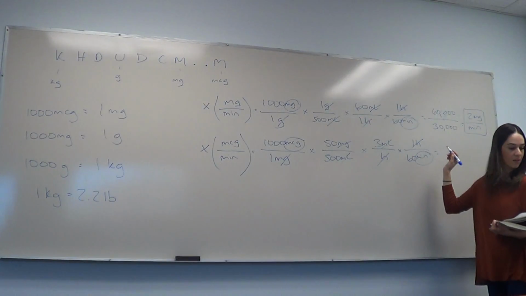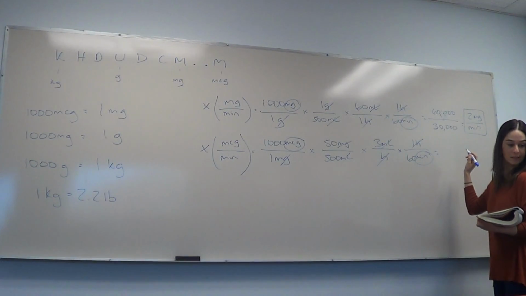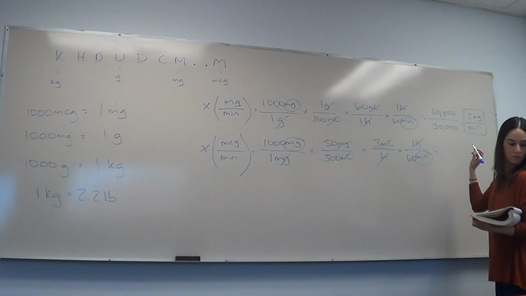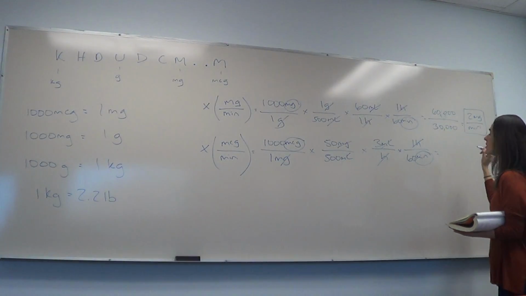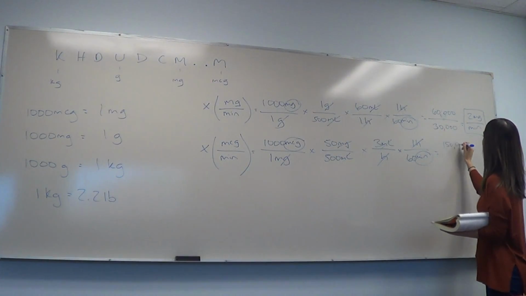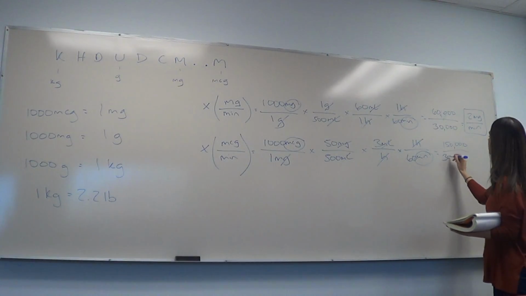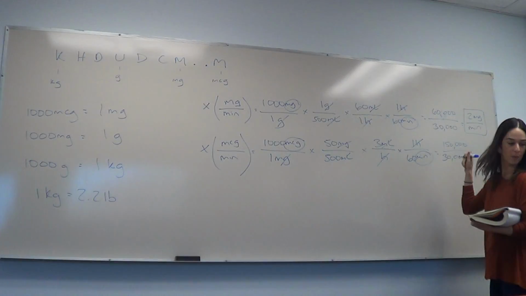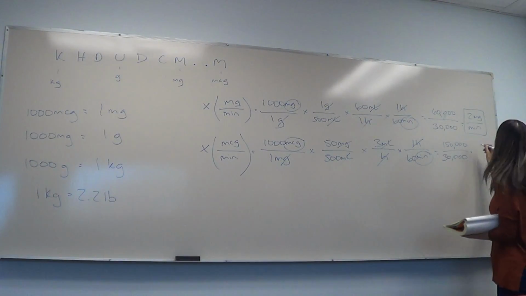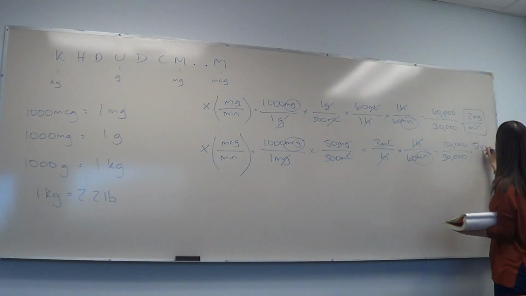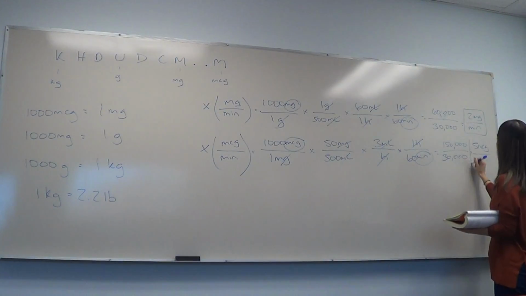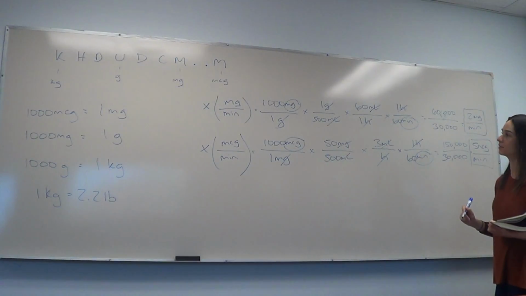So when you do the math across, it is 150,000 divided by 30,000. And when we divide that all out, we should get 5 micrograms per minute. That is our answer. Okay?